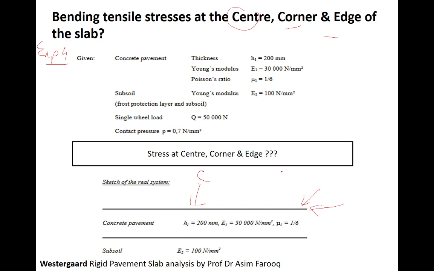So, the given data: H1 is already mentioned, and the Young modulus you can see here. Keep in mind that whenever you are trying to solve the Westergaard, or for example the pavement design analysis, you need to come up with a very clear sketch to mention all the parameters which are already assigned or given.